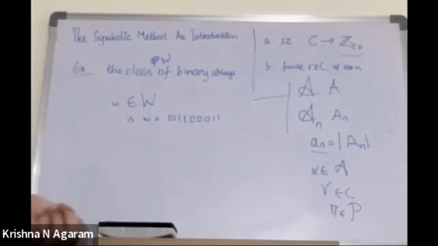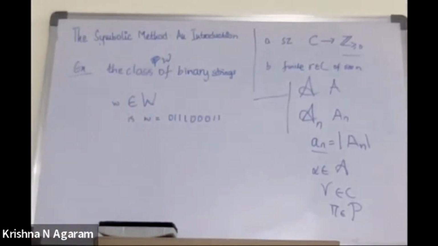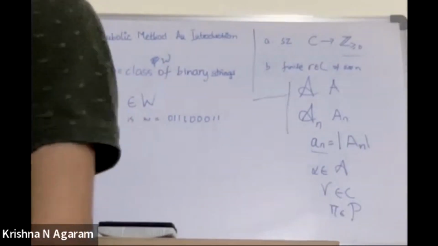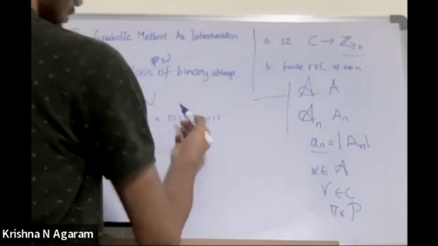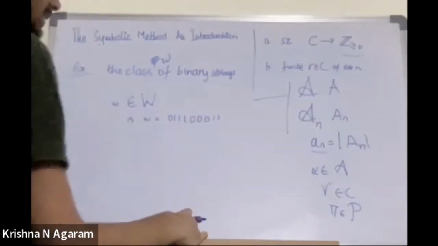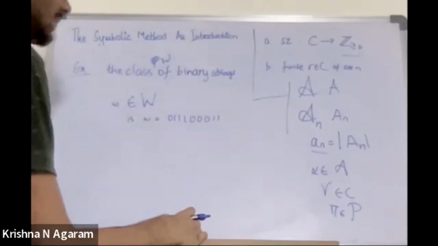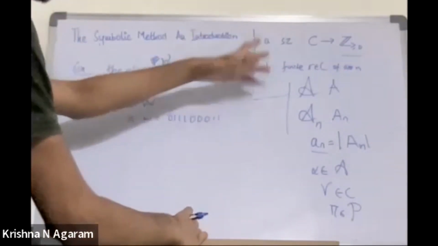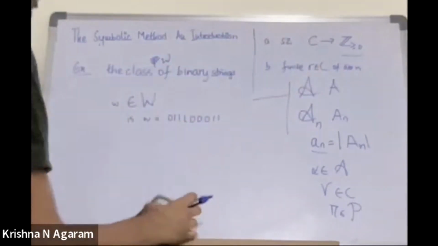I'd like people to actually respond in the chat so I know you're following, because it's quite nice and I'd like people to understand this well. So what's the size function? The number of bits. Yes. So that's the obvious size function. And you see that that's a class, right? There are exactly 2 to the n of size n.